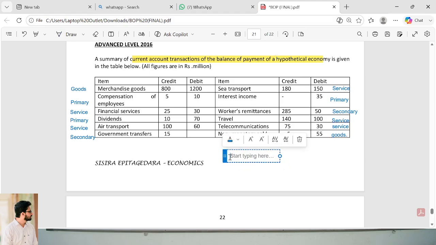Credit entries indicate cash receipts. Debit entries indicate cash payments.